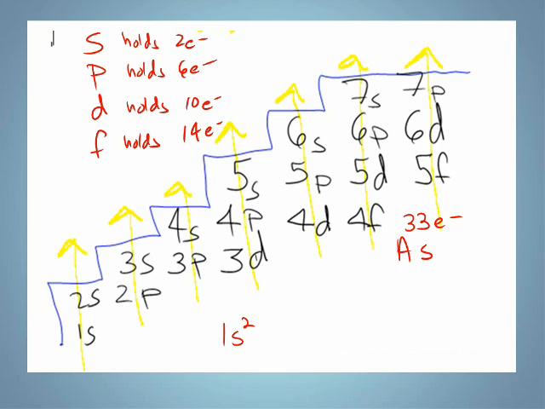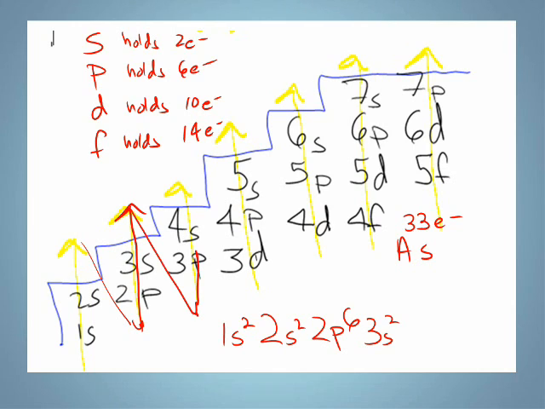Then it goes to 2s2, that is 4 electrons. And we go back down here to the bottom. It's 2p6, so that's 10 electrons, and there's a 3s up here, 3s2, and then we go back down, 3p6. So how many electrons do we have, just so we know what we're doing here?